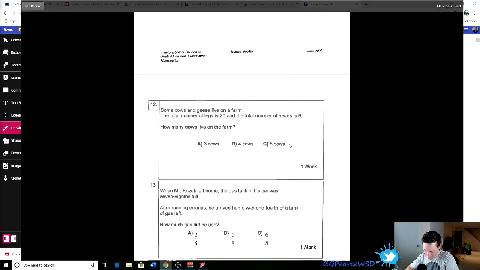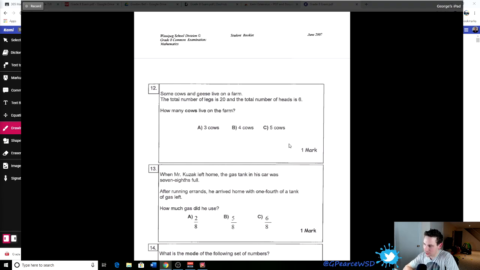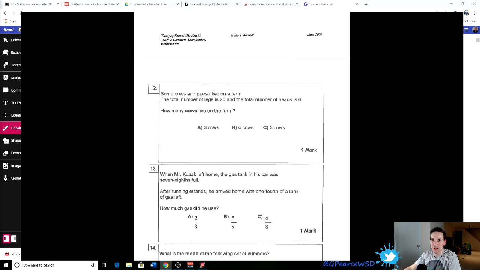How about this one then? All right. Cows and geese live on a farm. I like that question. I think it's funny. Something about it just makes me laugh. So, what do you think? What's the answer here? Let's go.